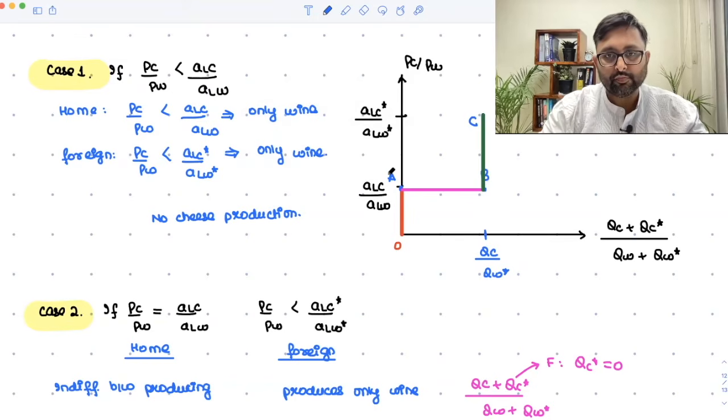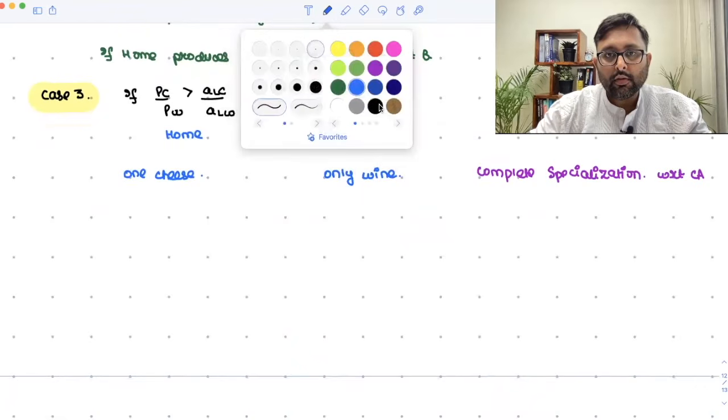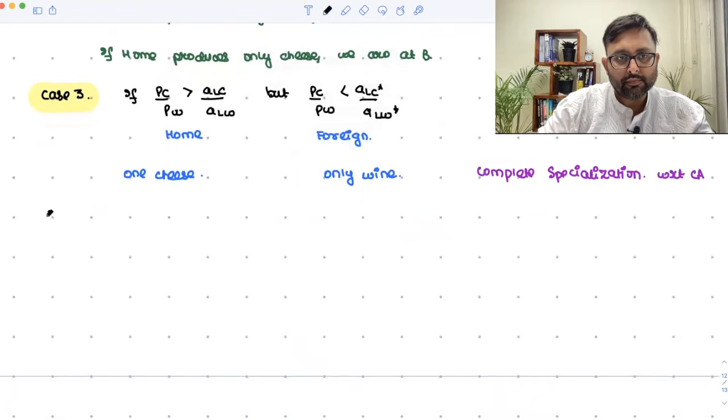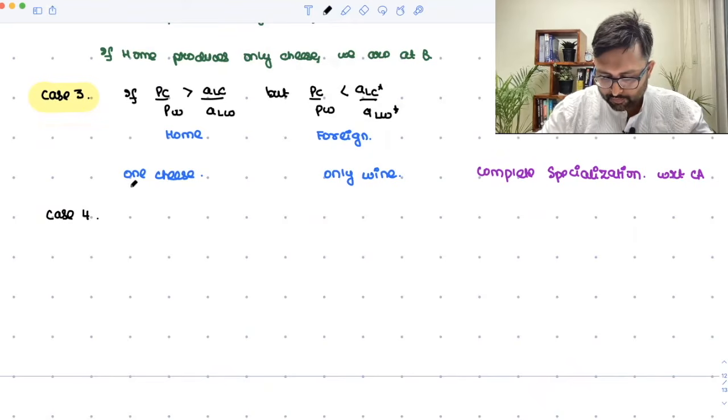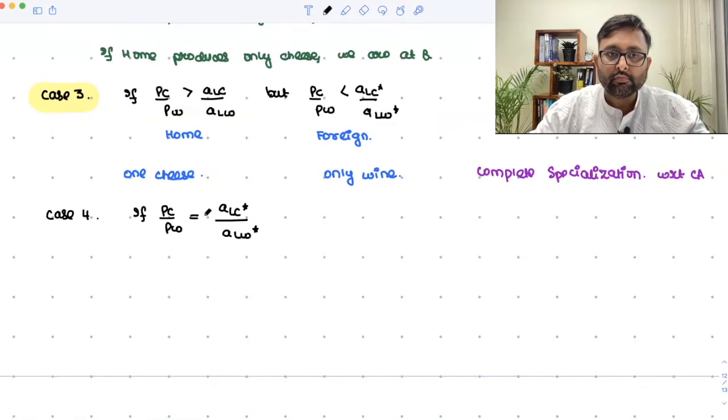Fourth, case 4. If PC by PW is equal to ALC star by ALW star, right?